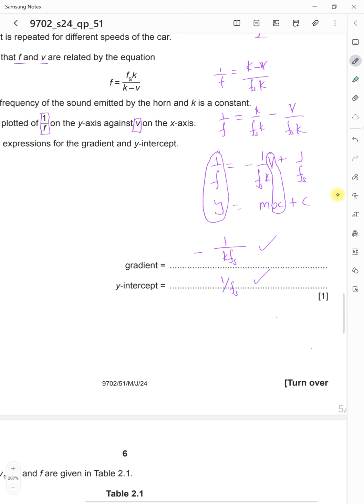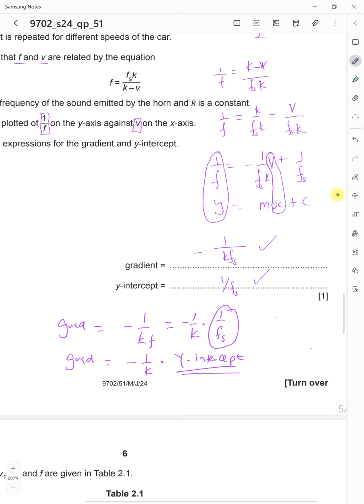So the gradient, when I look at k here, equals negative 1 over k times fs, and 1 over fs is the y-intercept, so the gradient is equal to negative 1 over k times the y-intercept.